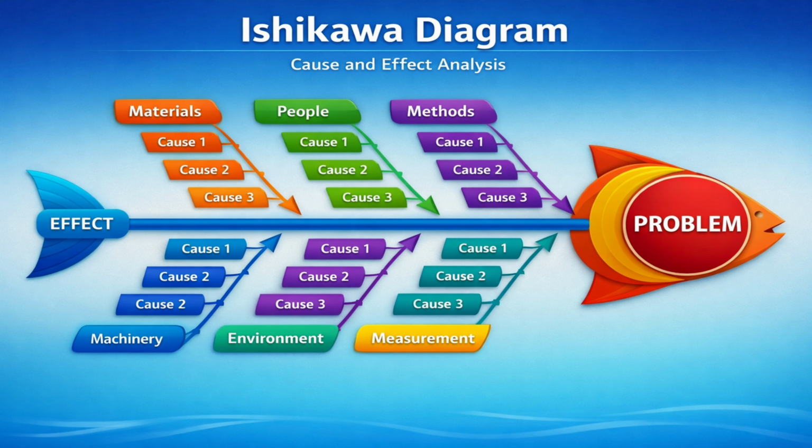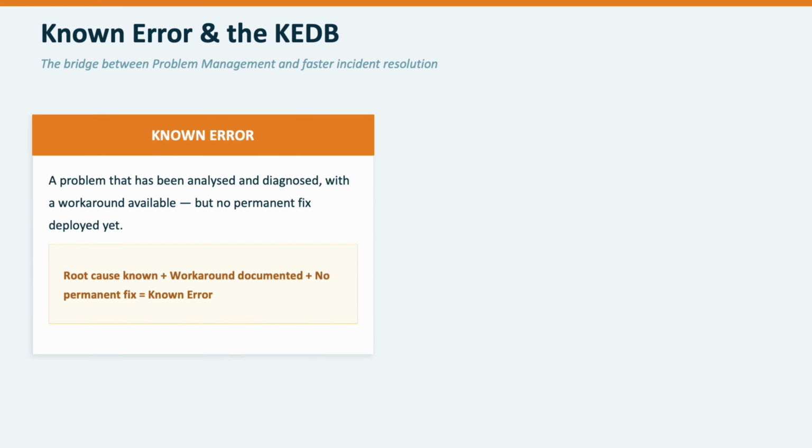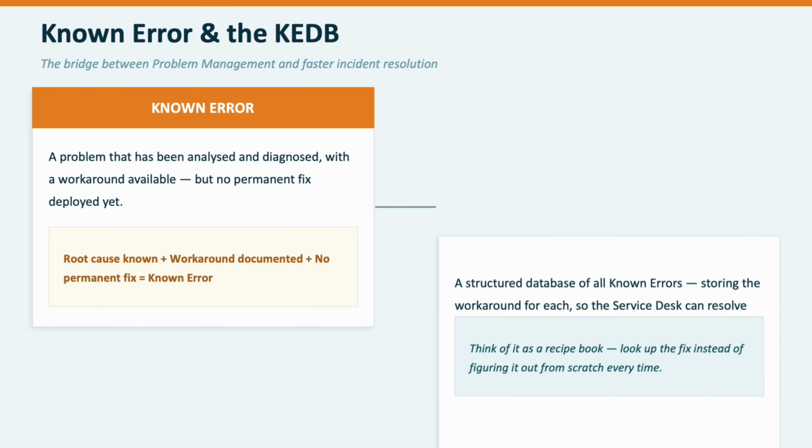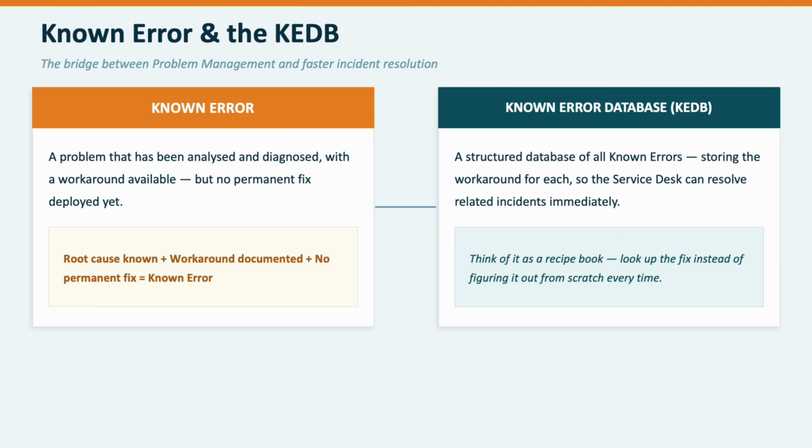Now we can come up with the known error database, which we call KEDB. The bridge between problem management and faster incident resolution is this particular database, which helps you store the solutions of problems which have occurred repeatedly in the past.